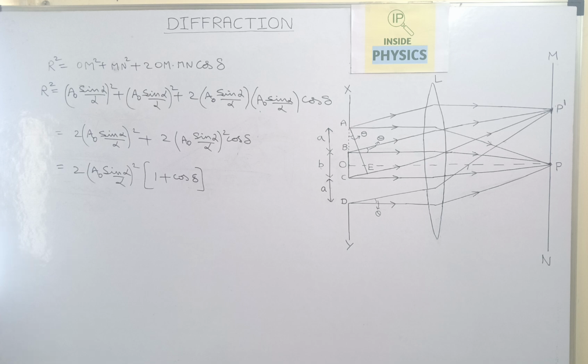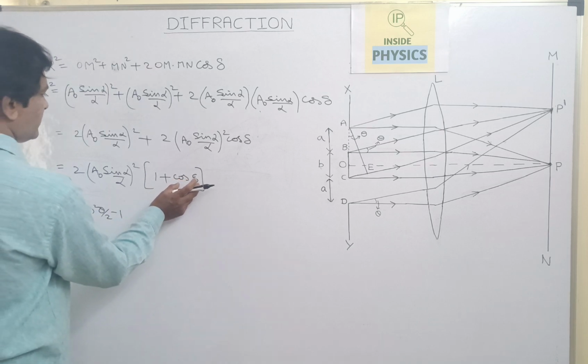So for this term cos delta, we know from trigonometry the formula for cos 2 theta: 2 cos square theta by 2 minus 1. In this form we can write cos delta.